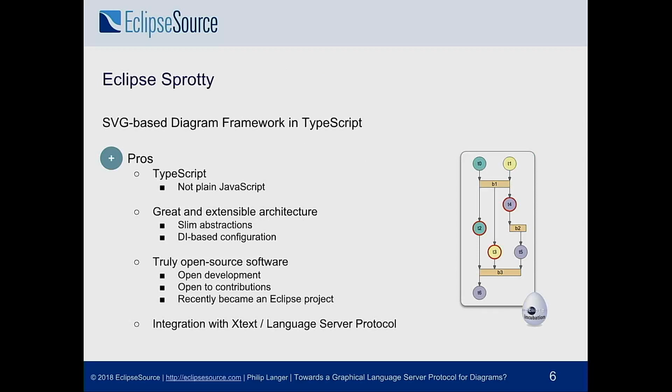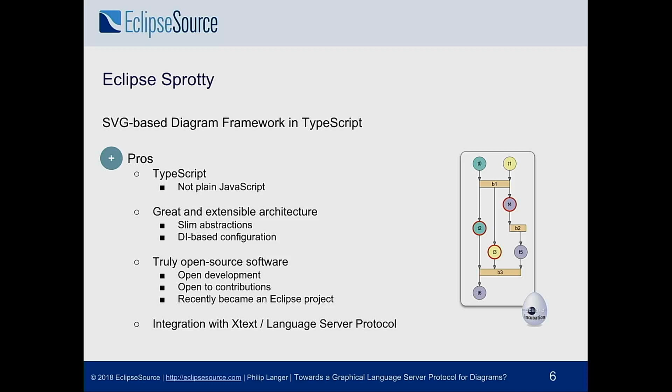I'm not sure if you were at the talk 20 minutes ago, which was introducing Sprotty. Probably a lot of you were, so I won't go into too much detail about it. It's a recent Eclipse incubation project, also an SVG-based diagram framework, and it has several advantages over JointJS. The first advantage, at least for me, is that it's based on TypeScript, and since I'm a strong believer in a good type system, that's a good advantage.